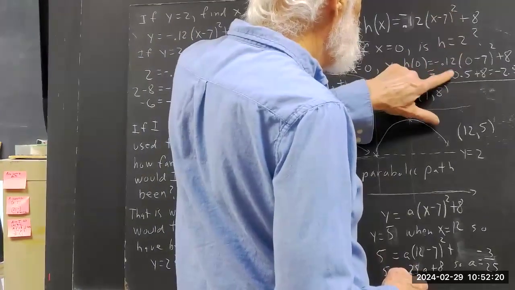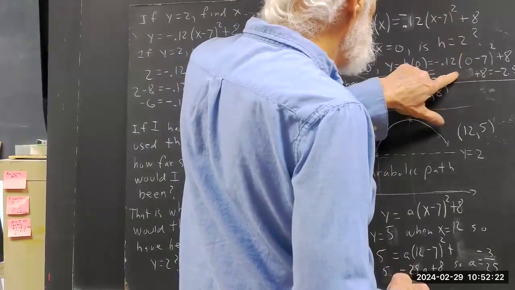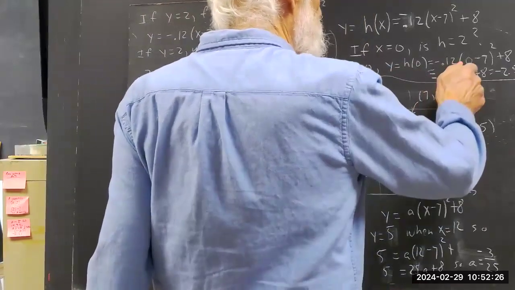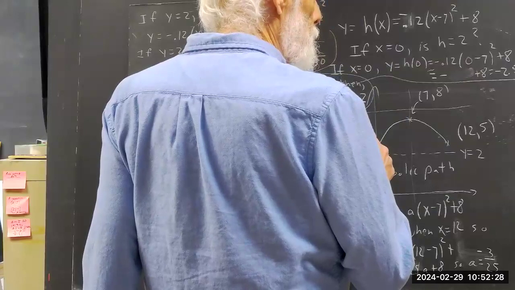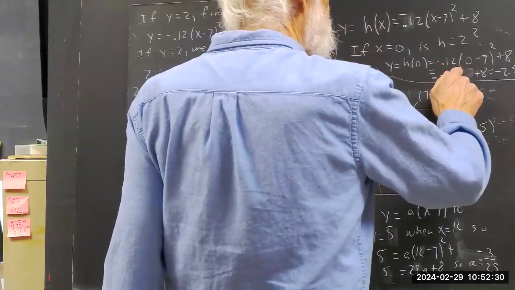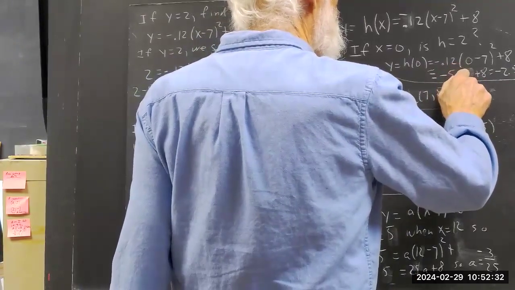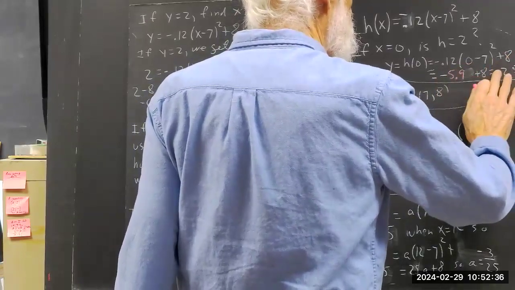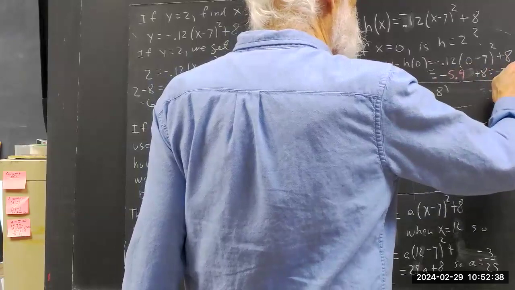Over here, this should have been pretty much negative 6. It would have been negative 5.9, which would give me positive 2.1.